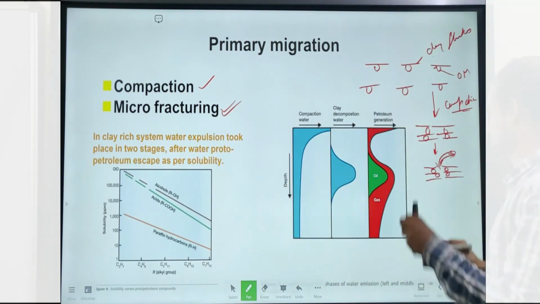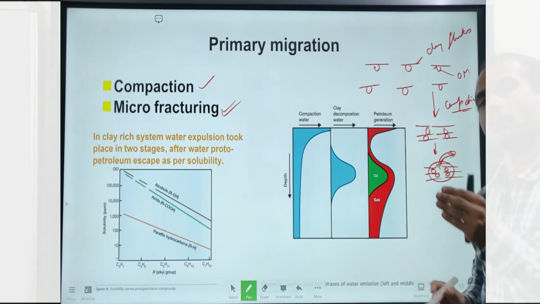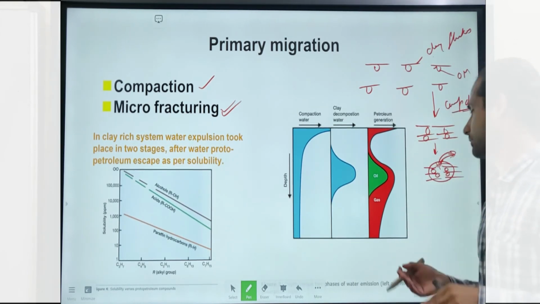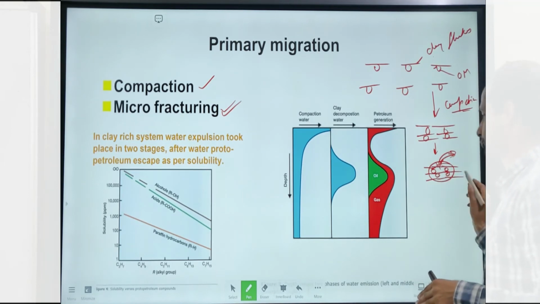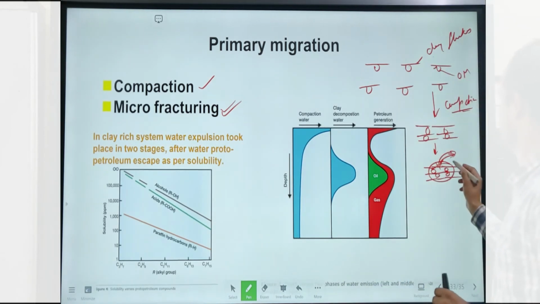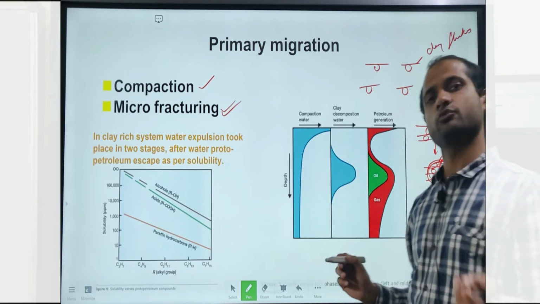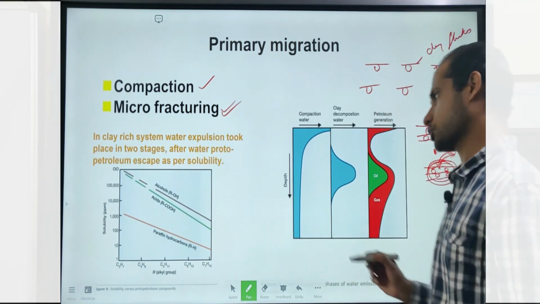And since this happens during diagenesis, during compaction itself, later on this gets filled and further compacted, and we usually don't get much signature of such microfracturing in the thin sections which we study for the source rock.